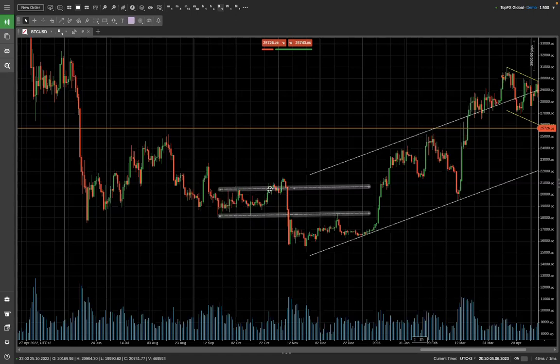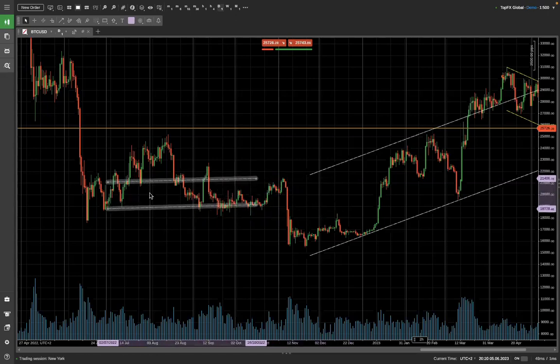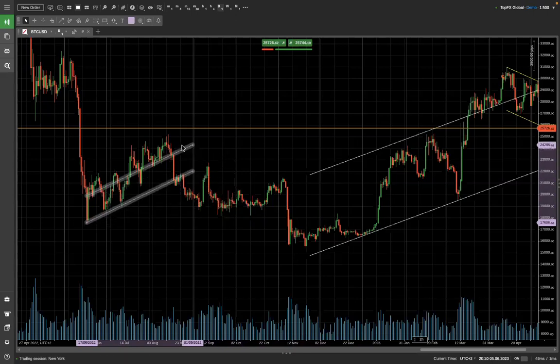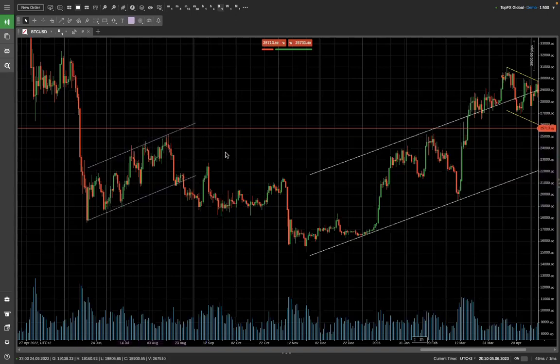A significant breakout, of course. Another example of the channel is here. Look at this. We have a very nice equidistant channel on this market. Let me just take a look if I have the right one. There you go. For example, something like this. Very nice equidistant channel.